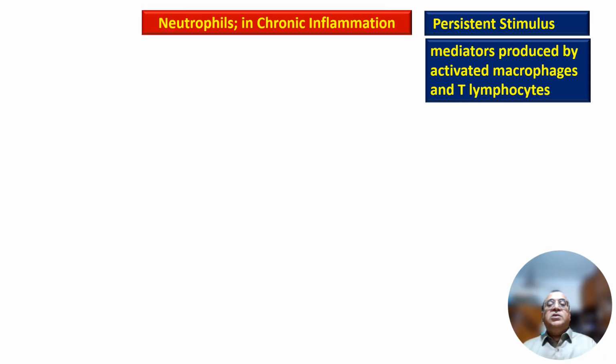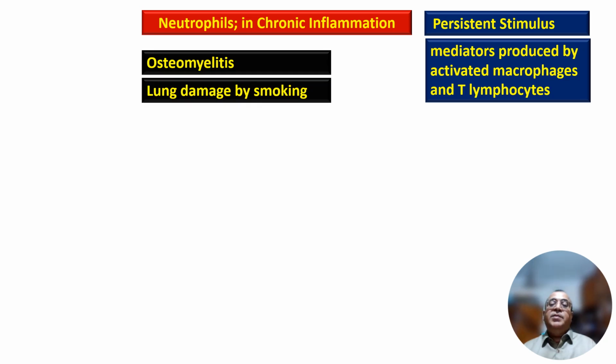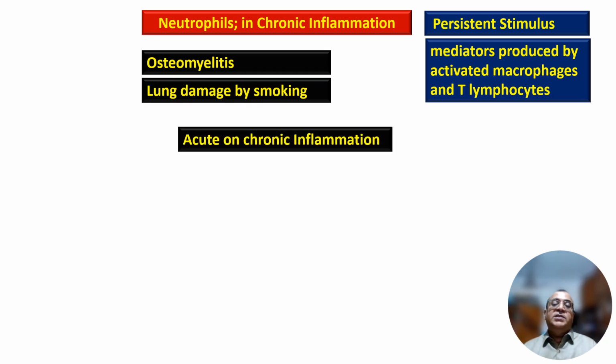Neutrophils are major culprit in acute inflammation, but they can be seen in the chronic inflammation if the stimulus is persistent and the mediators are produced by activated macrophages and T lymphocytes. The condition can be seen in osteomyelitis.